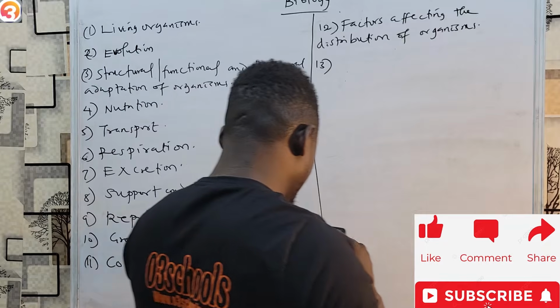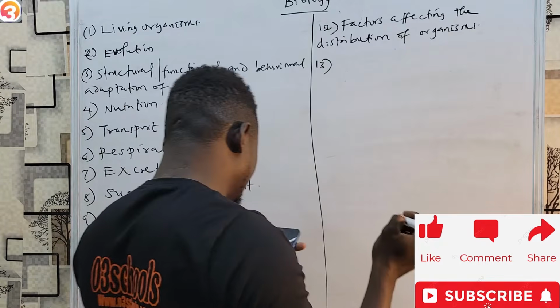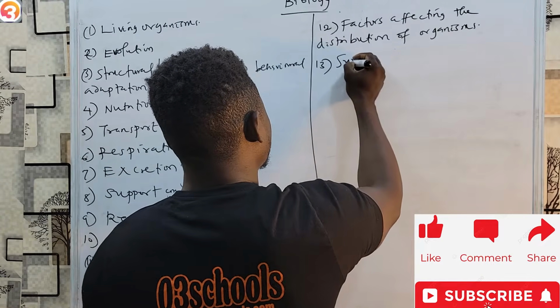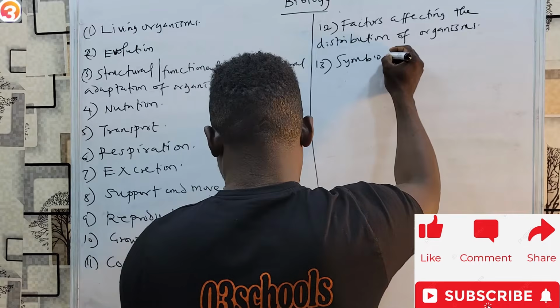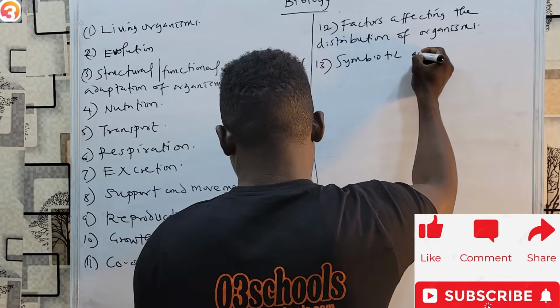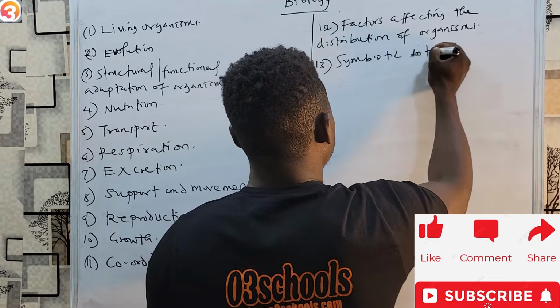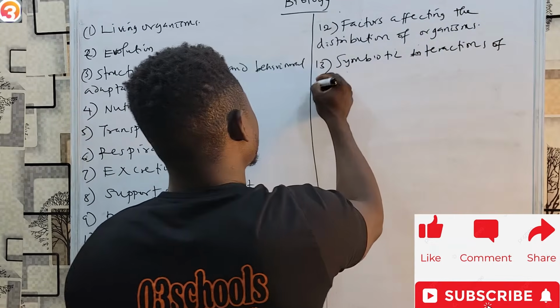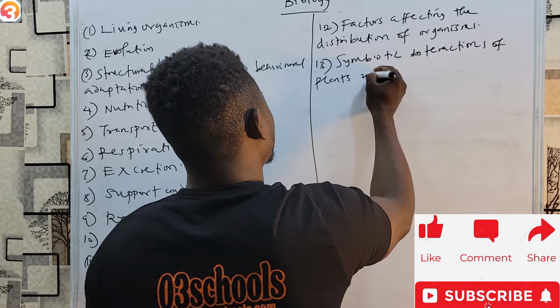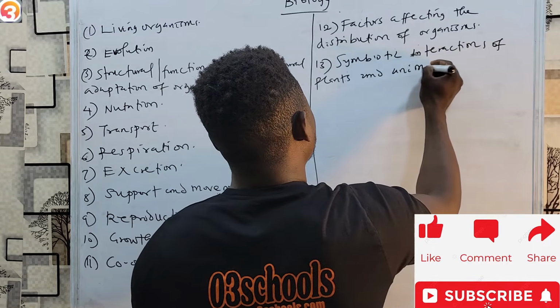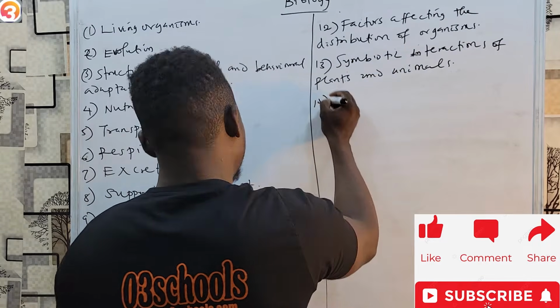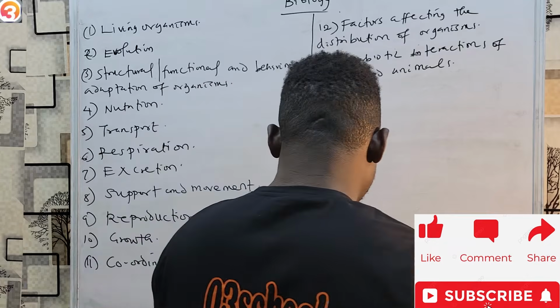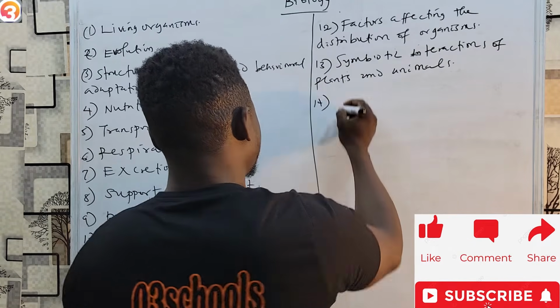Then number 13, of course, look at the symbiotic interactions of plants and animals. Then number 14, we look at natural habitats.